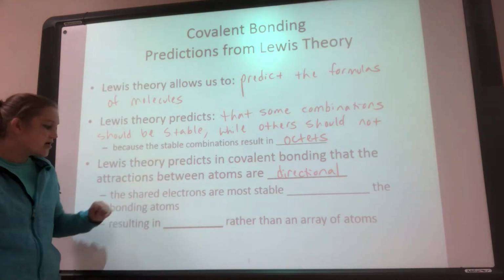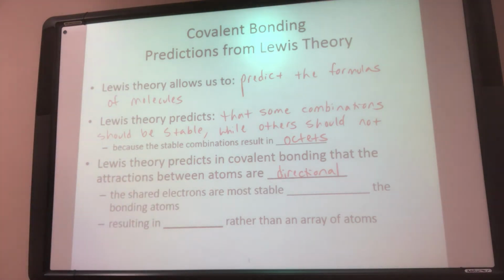So the shared electrons are most stable between the bonding atoms, because that's the best place for them. Once the bonded electrons are shared between the atoms, this results in molecules rather than an array of atoms.